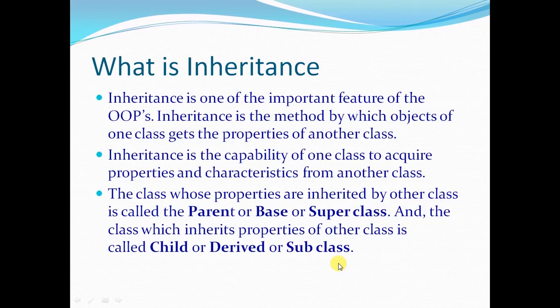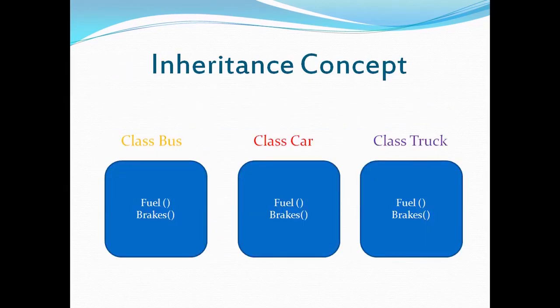Now we can understand this concept by a real-time example, because you know that the OOPS concept is based on real-time problems. So we can understand this concept by a real-time example of vehicles. In this example, we consider a group of vehicles: bus, car and truck.